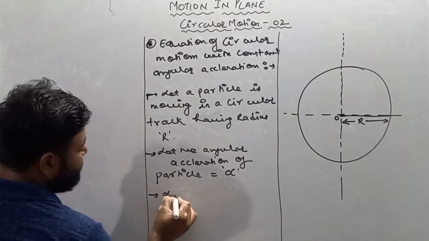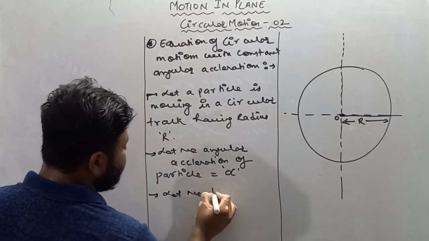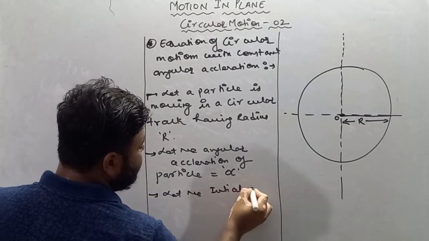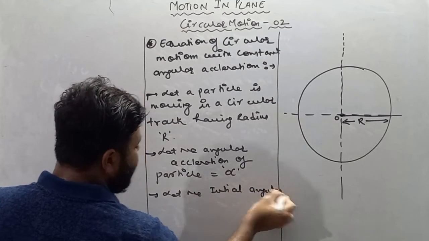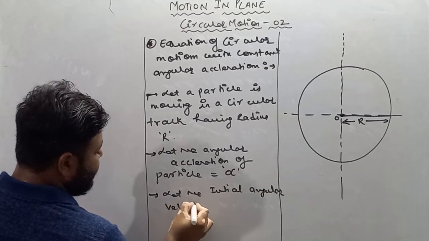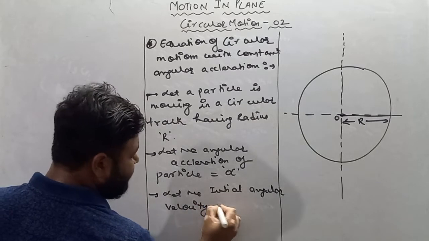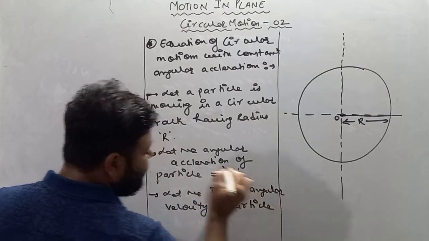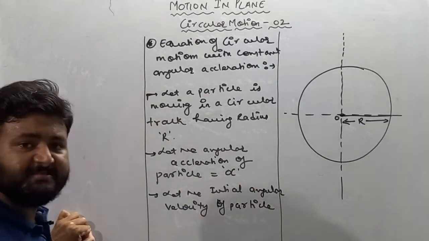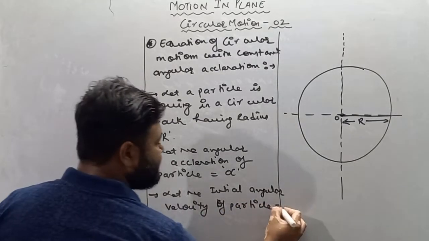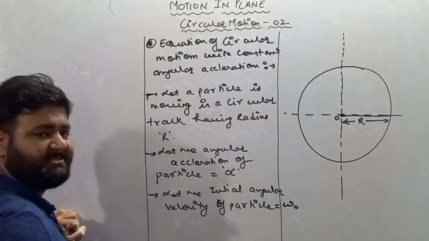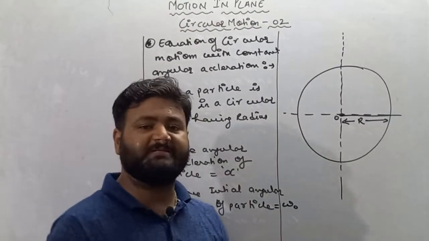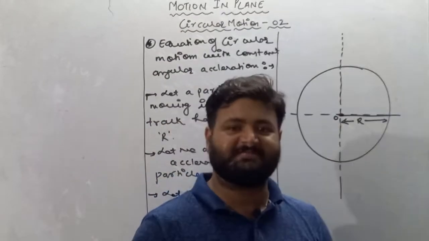Moving forward, let the initial angular velocity of particle be equal to omega naught. So omega naught is nothing but initial angular velocity.